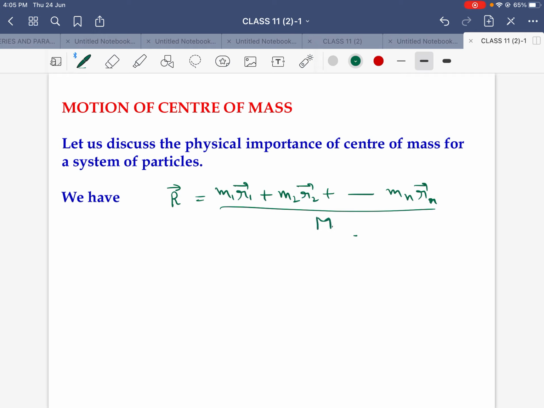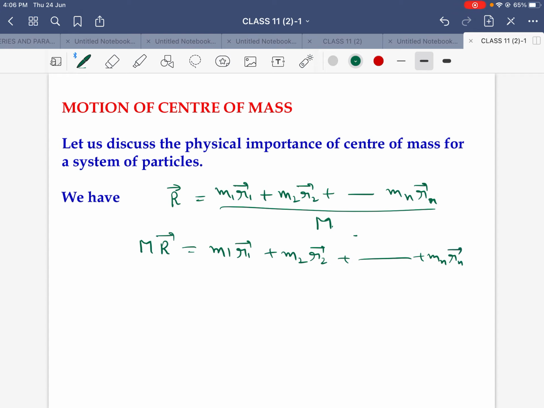Now multiply this total mass to the r vector, we get M into r vector is equal to m1 r1 vector plus m2 r2 vector plus so on mn rn vector.